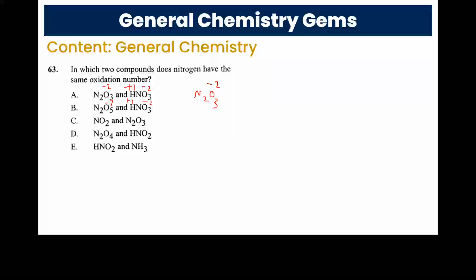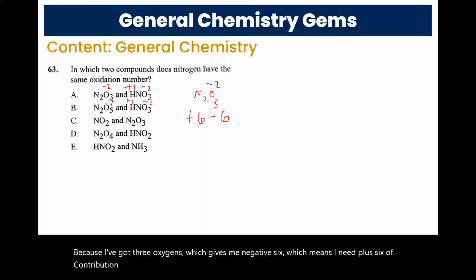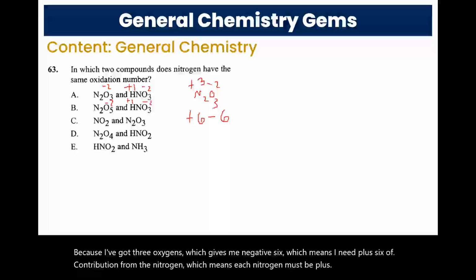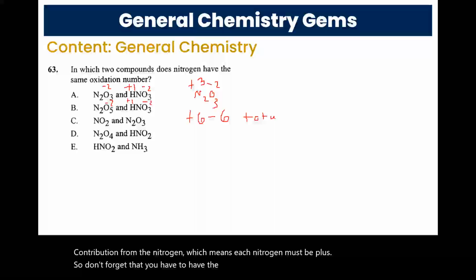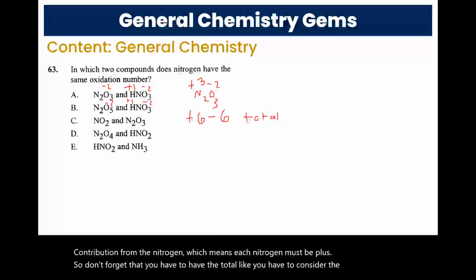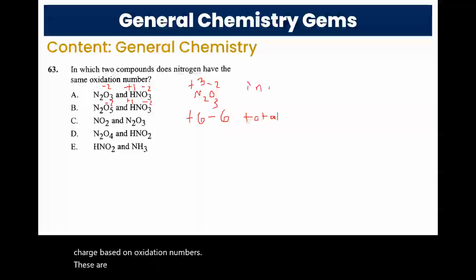You're right, because I've got 3 oxygens, which gives me -6, which means I need +6 from the nitrogen, which means each nitrogen must be +3. So don't forget that you have to consider the total overall charge based on oxidation numbers. These are the individual oxidation numbers.